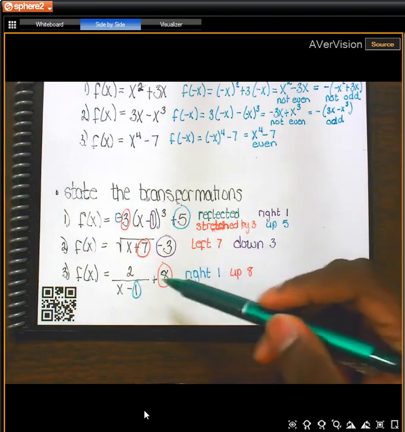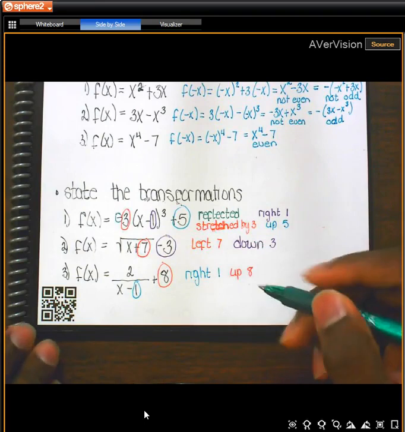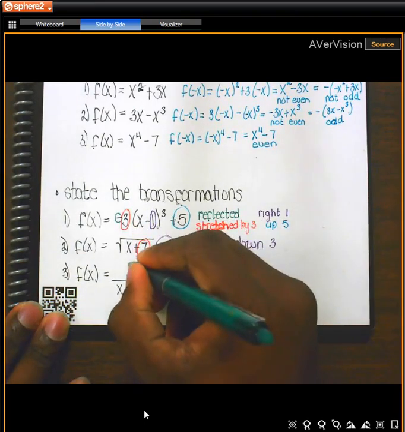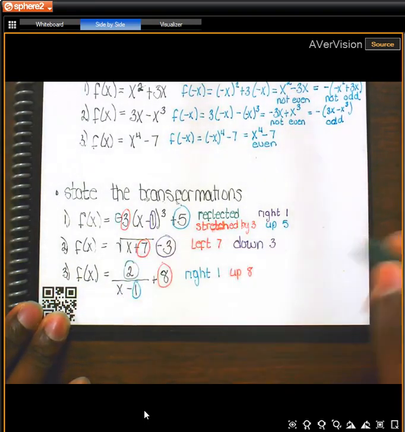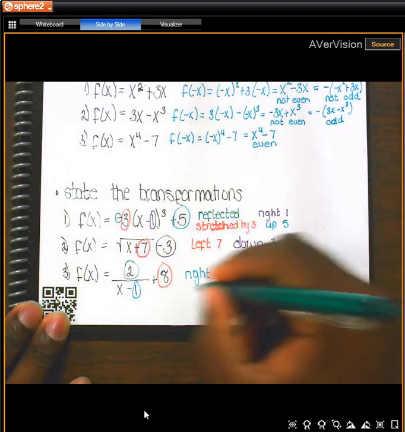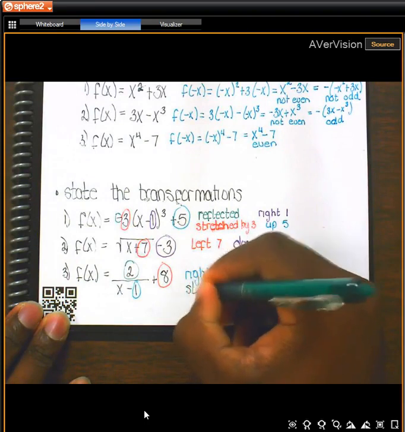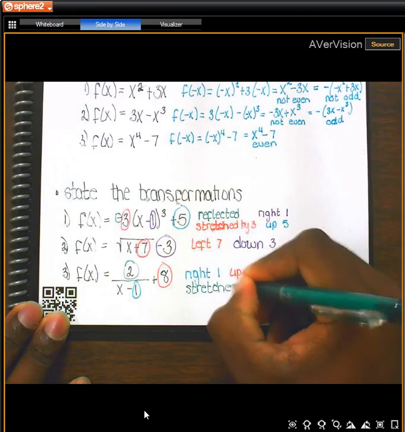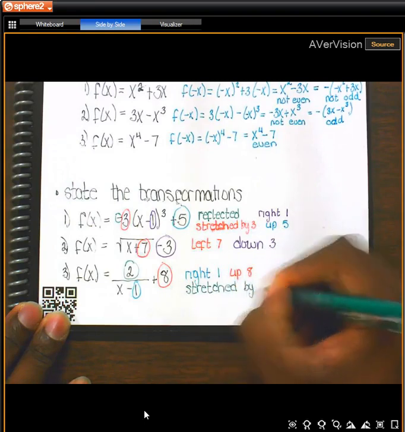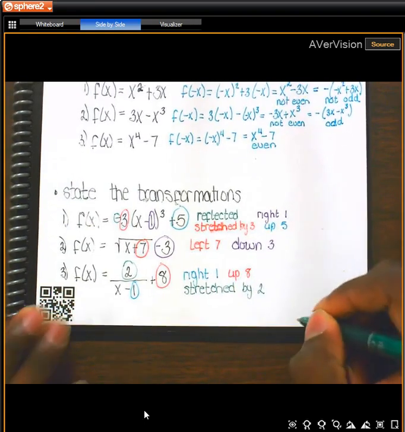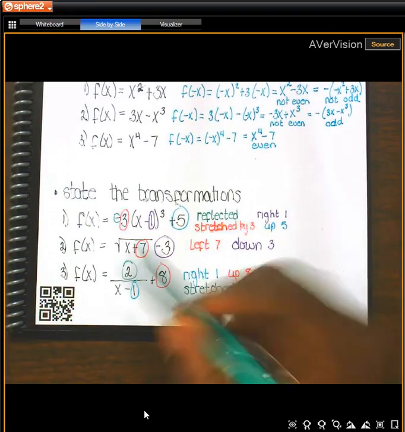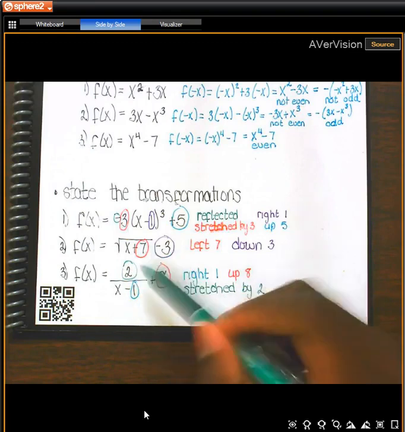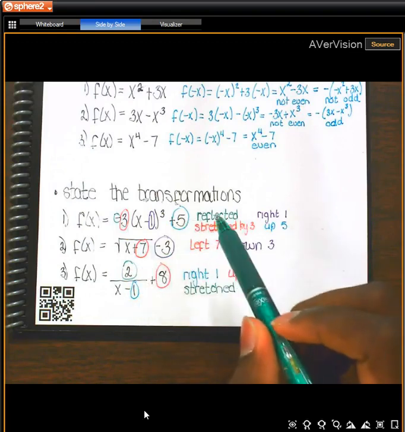That's not a fraction less than 1. Good guess, though. So we have a 2. If this was like a 0.5, then that'd be a compression. But since it's 2 and that's greater than 1, it's going to be a stretch.